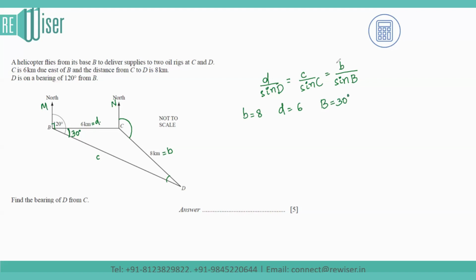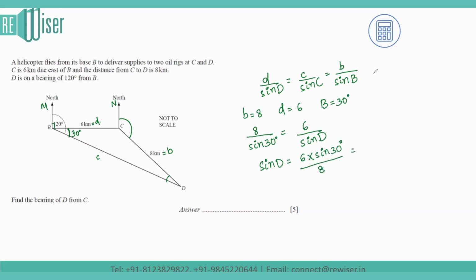On substituting these values, we get 8 by sine 30 degrees is equal to 6 by sine D. We ignore the ratio c by sine C. From here, we can say sine D is equal to 6 times sine 30 degrees divided by 8.